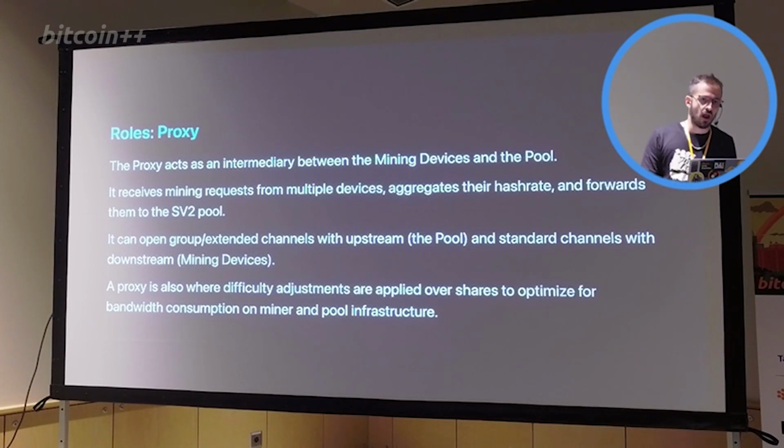You don't want to connect every machine straight to the pool. You're going to be DDoSing the pool if you do that. You should deploy proxies on your infrastructure, and the proxies will set some kind of difficulty adjustment so that they only send shares upstream every once in a while, in an optimized way, so that bandwidth consumption is optimized and the pool doesn't kick you out for spam.